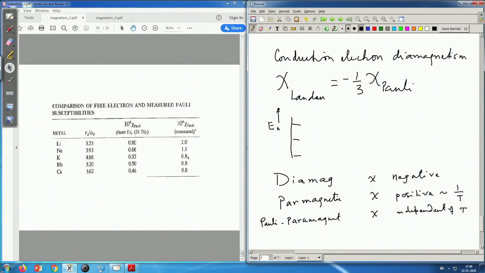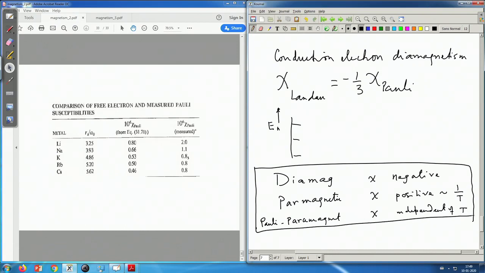So, these are things that we studied, and we can make experiments, compare with experiments, and basically these are all that one looks for.